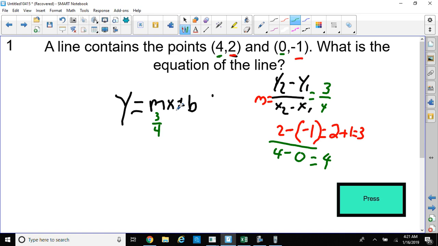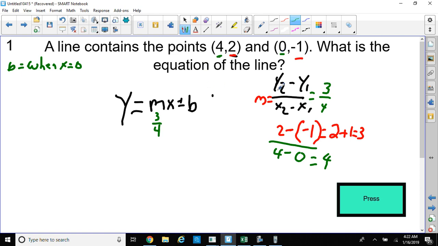Now, all we have to do is find the b value, which is the y-intercept. That's when x is equal to 0. So we have this coordinate, and I noticed the x value is equal to 0.